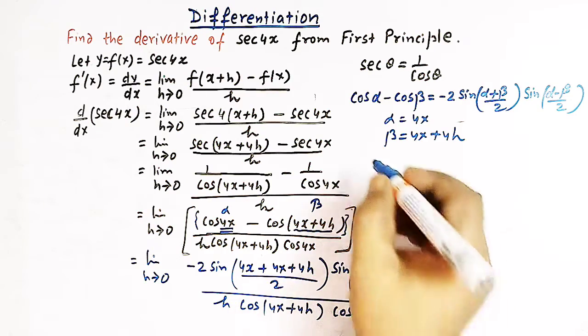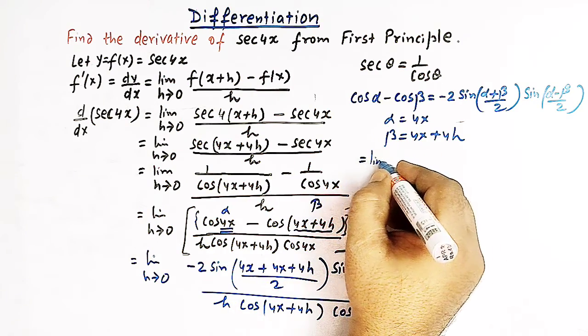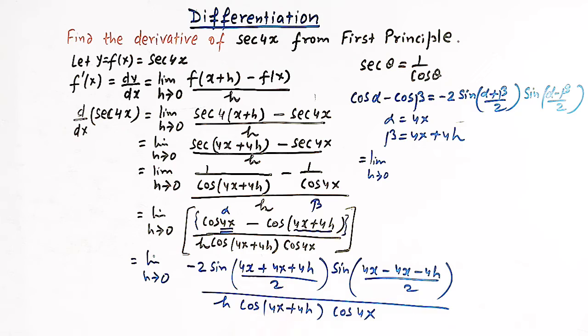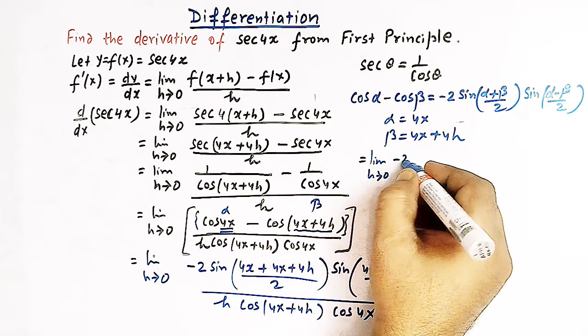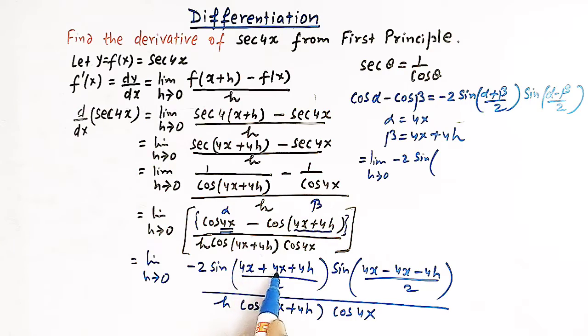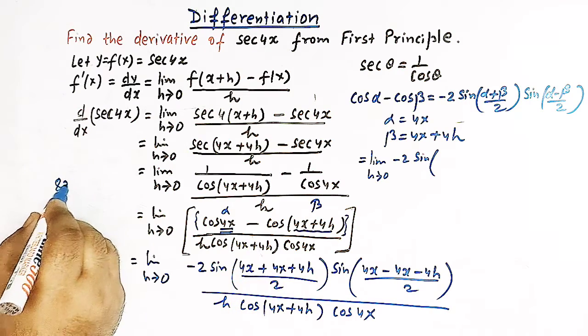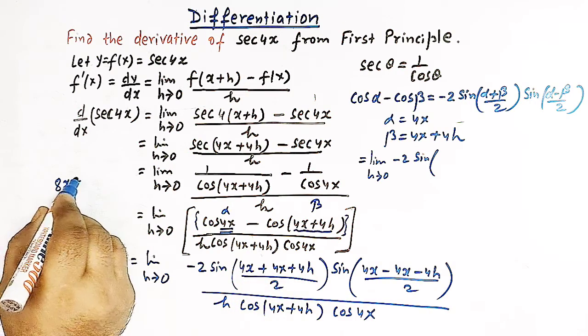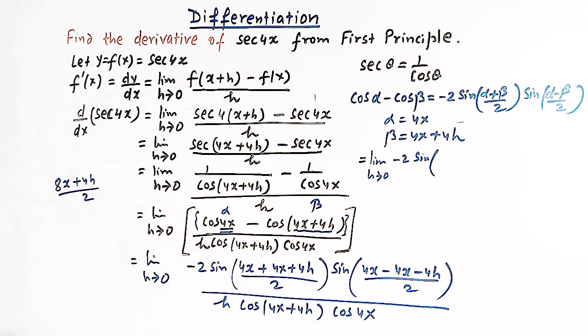Now we can write this limit as limit h tends to 0 of minus 2 sine, and here 4x plus 4x plus 4h is 8x plus 4h, divided by 2.